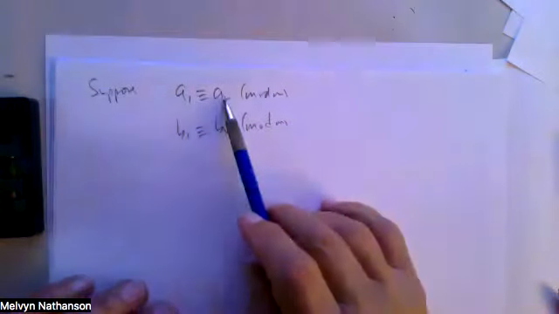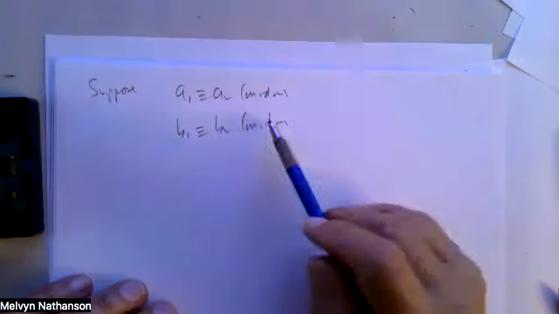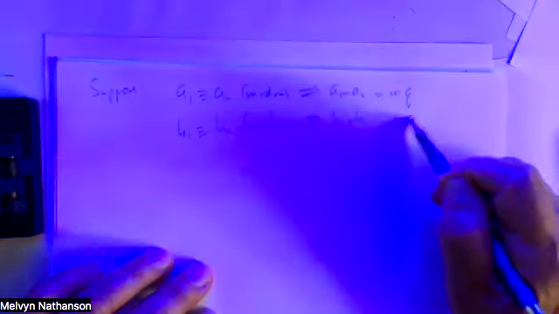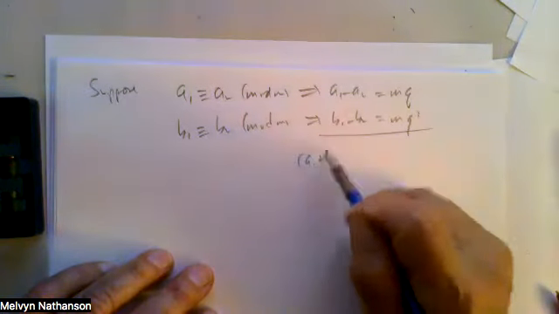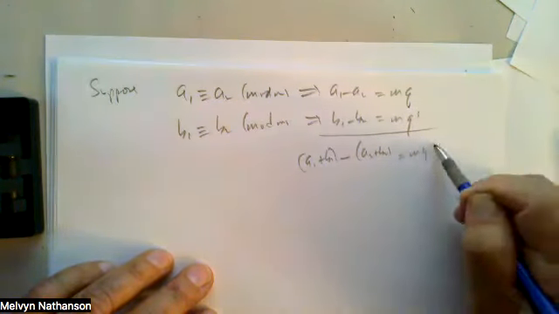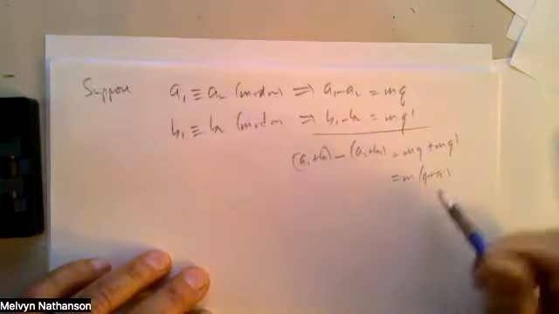So suppose we have numbers A1, A2 that are congruent mod m, and numbers B1 and B2 that are congruent mod m. This means that A1 minus A2 is m times some quotient q. And this means B1 minus B2 is m times some quotient q prime. If I add these two equations, I get A1 plus B1 minus (A2 plus B2) equals mq plus mq prime, which is m times (q plus q prime).